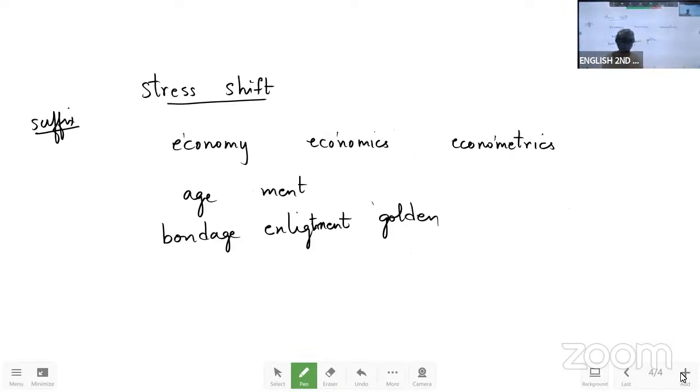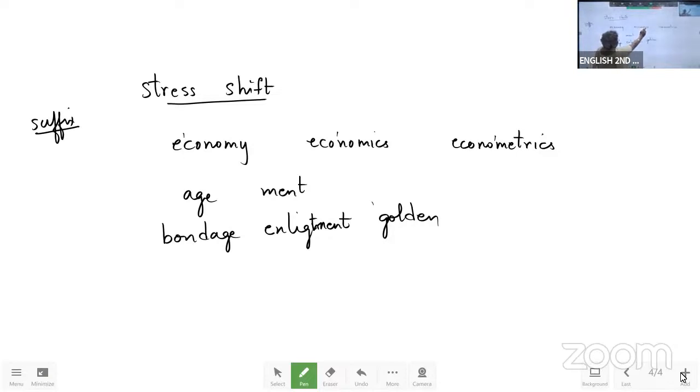Now the last is stress shift. When suffixes are added, there is a shift in the stress marking. Like economy, it is on the second syllable. Economics, it's on the third syllable.